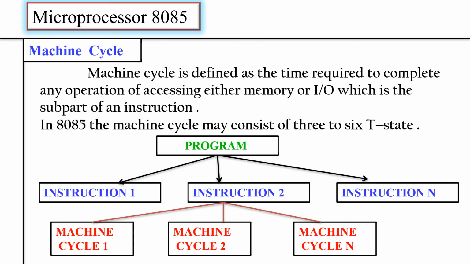Machine cycle: any operation in the microcomputer system involves the activation of control signals. Each instruction in the program can be broken down into several machine cycles. A machine cycle is defined as the time required to complete any operation of accessing either memory or IO, which is a sub-part of an instruction.